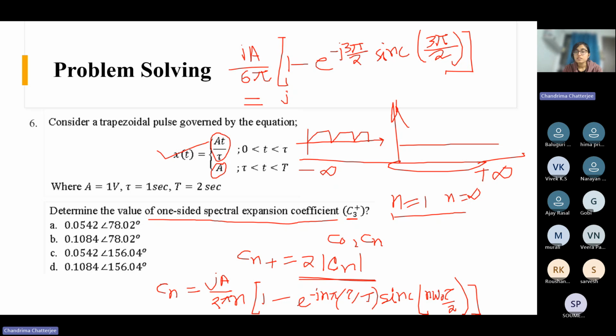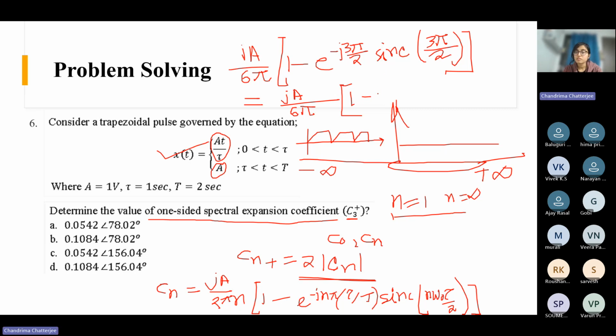Can you also calculate and tell what the magnitude and phase angle are? This is very simple.